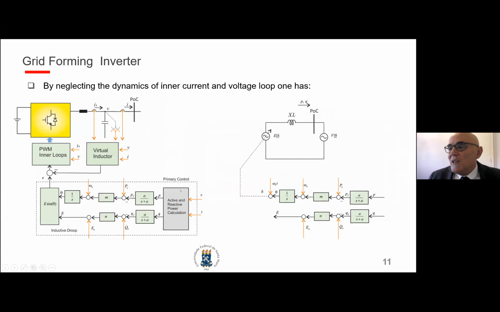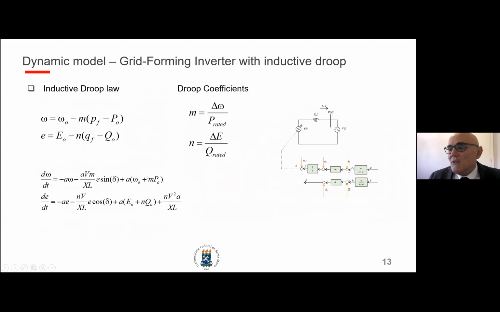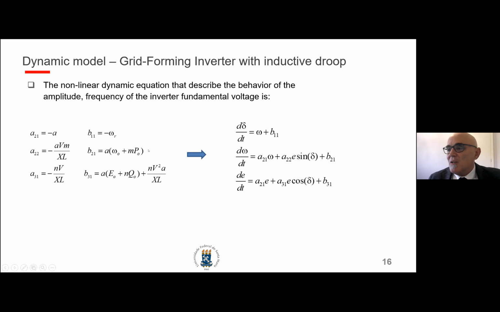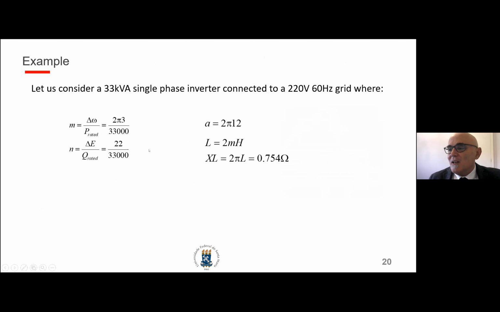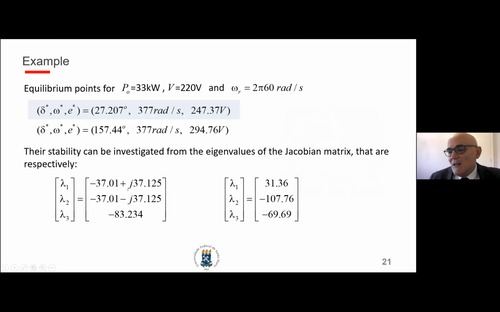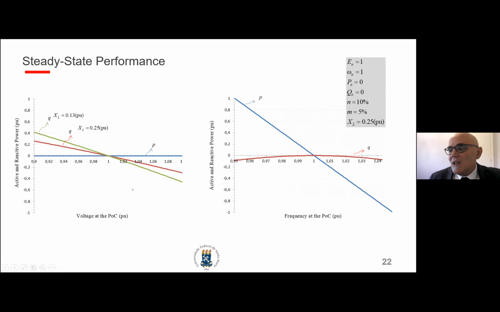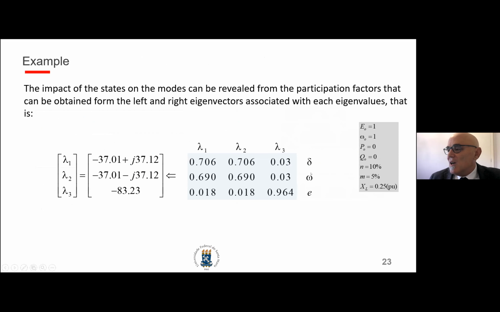Okay, so we will find the small signal model in the material. I'm not going through this one because I'm going to limit the time. The small signal models reveal that there are complex eigenvalues associated with the power angle and frequency, and also real eigenvalues associated with the amplitude of the voltage.